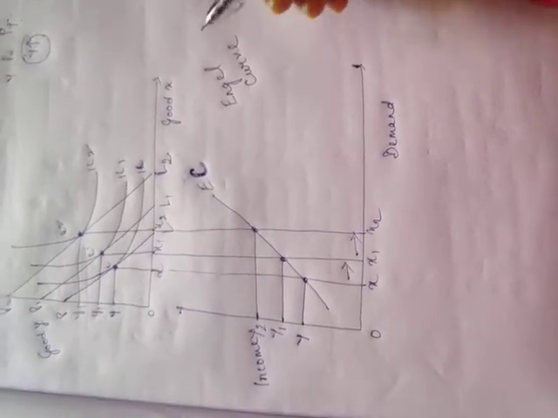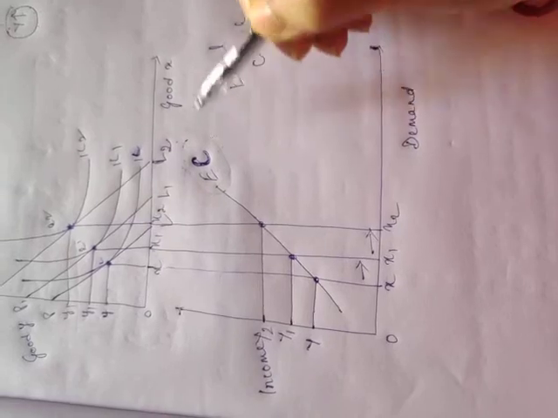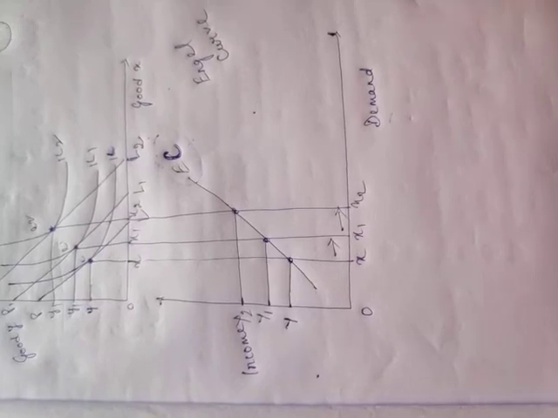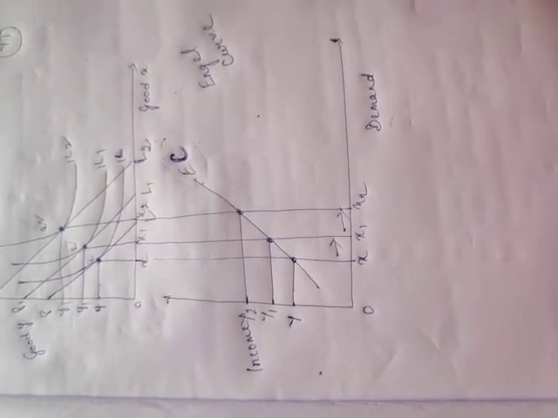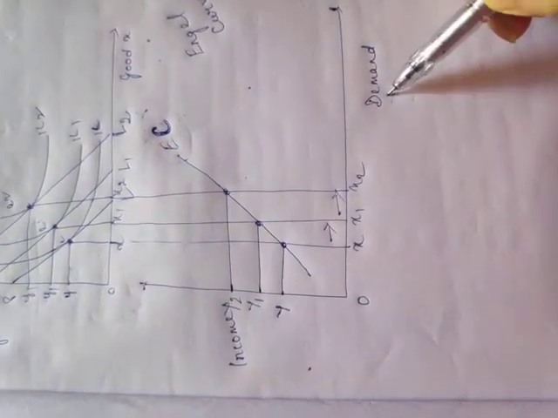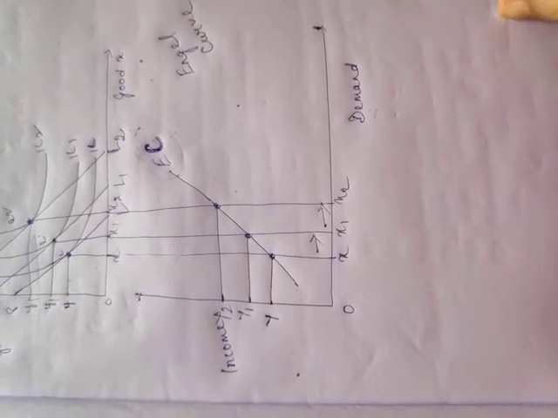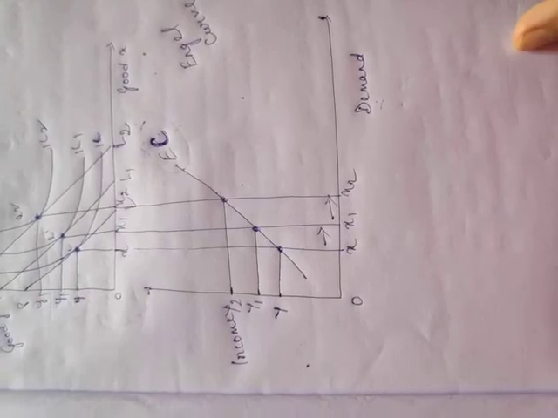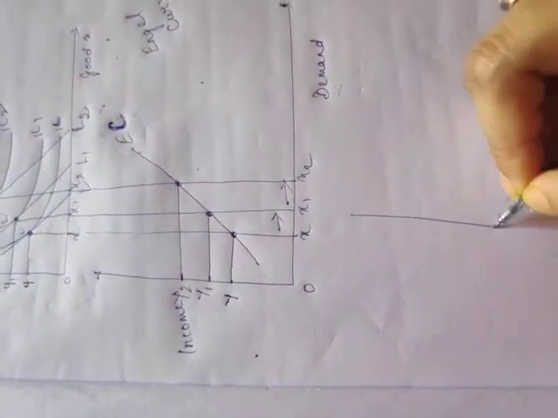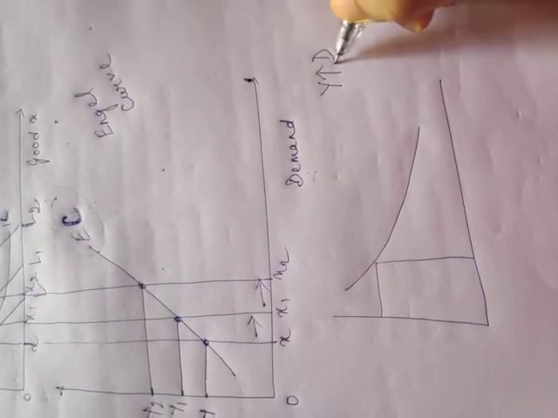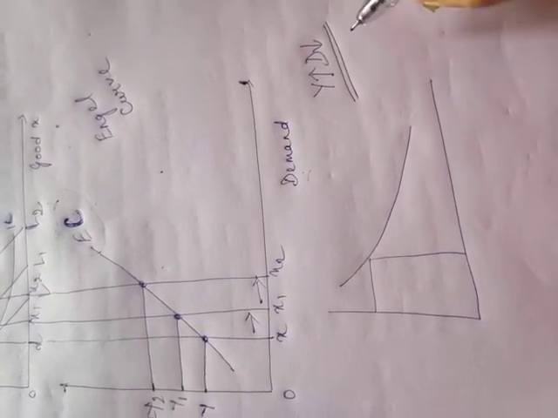Engel curve, E-N-G-E-L curve. So Engel curve is an upward sloping line when the commodity is a normal good, ঠিক আছে? Because we know that in case of normal goods, with the increase in income, demand also increases, ঠিক আছে? So Engel curve will be a downward sloping line if with the income demand decreases. আমরা জানি যে income বাড়লে demand কমে when the case is an inferior good.